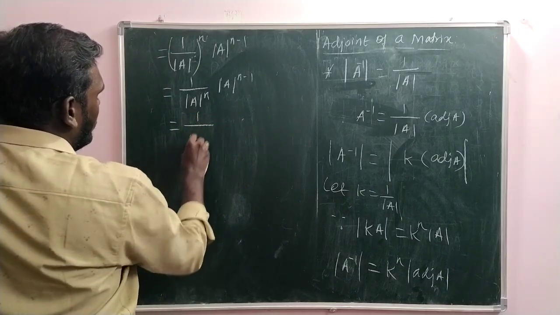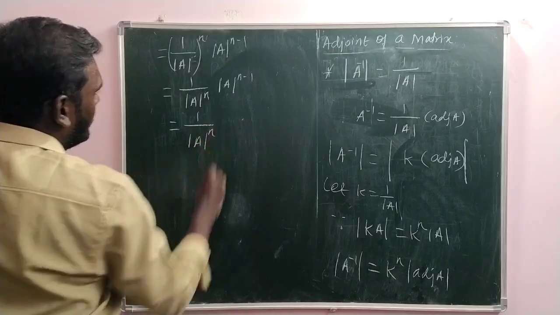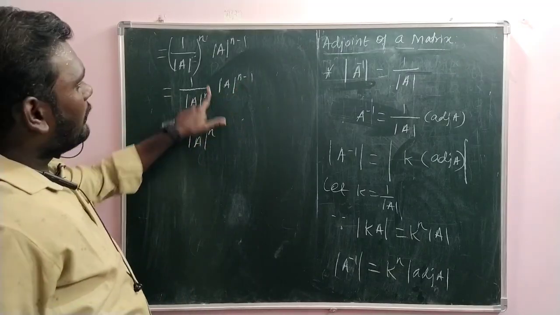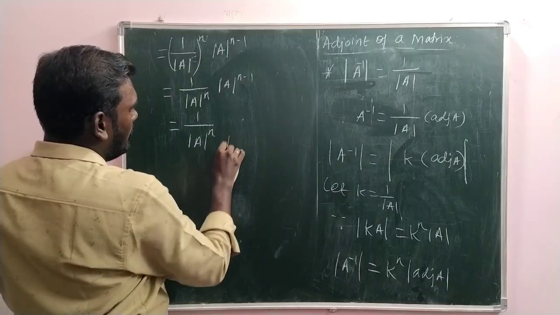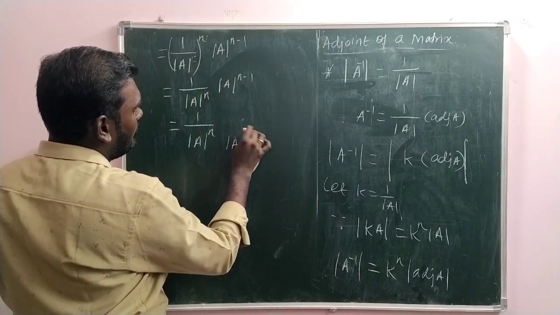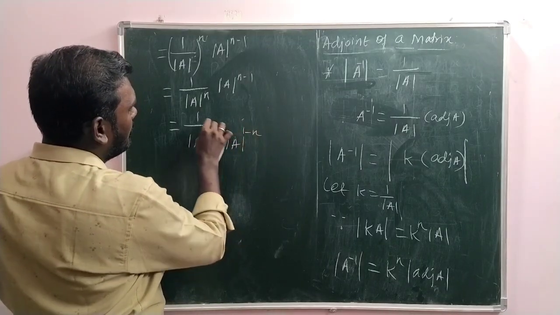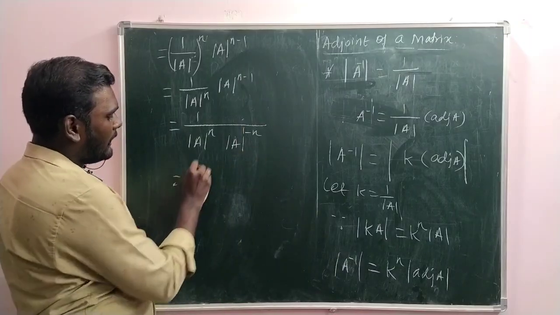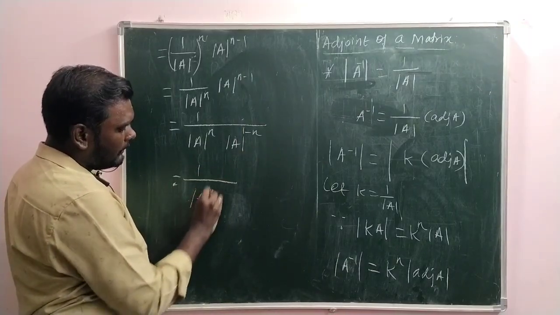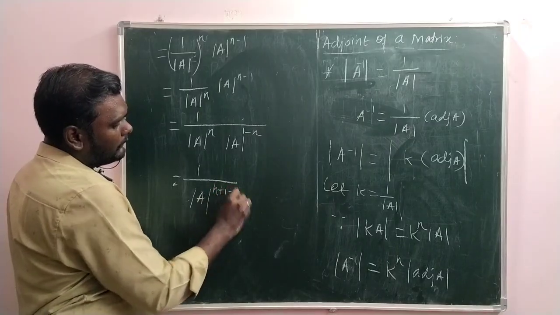So 1 by determinant of A power n, this one I am taking into the denominator. When I take this into the denominator, it will become determinant of A power negative of n minus 1, right? Then these two powers can be added: 1 by determinant of A power n plus 1 minus 1.